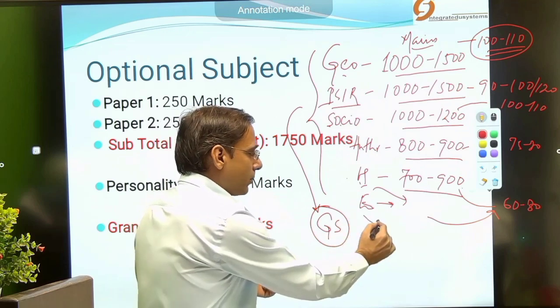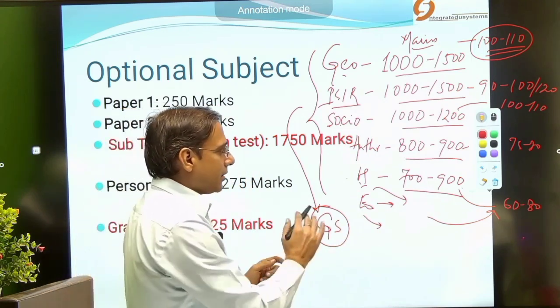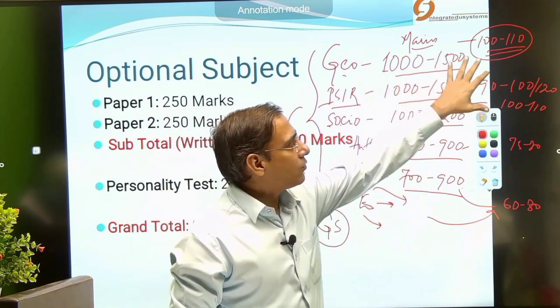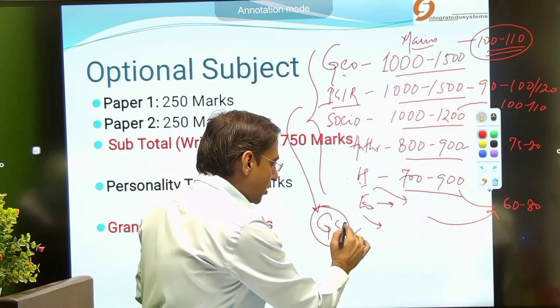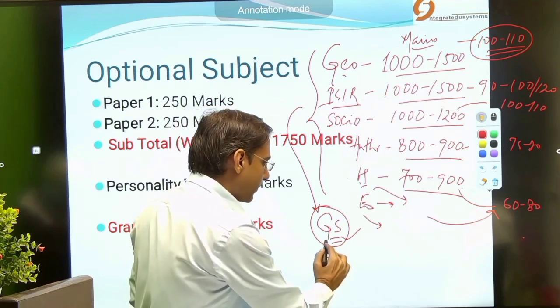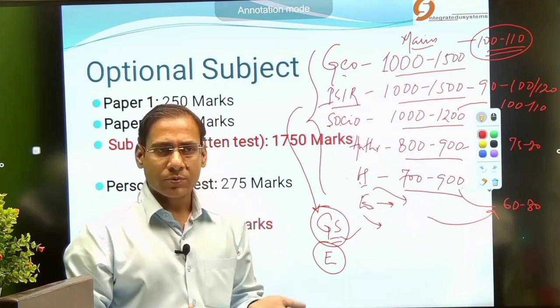Economy also plays a significant role in the GS paper. So the second criteria, apart from this, gives you which optional is popular. Apart from that, if you pick such a subject as an optional which supports GS as well as essay writing, that will support you.